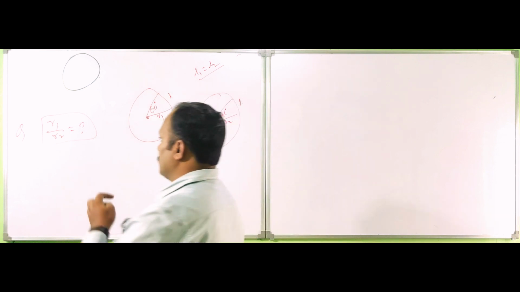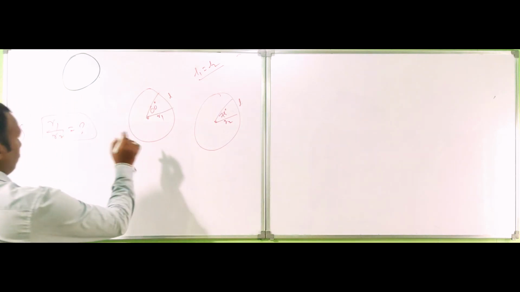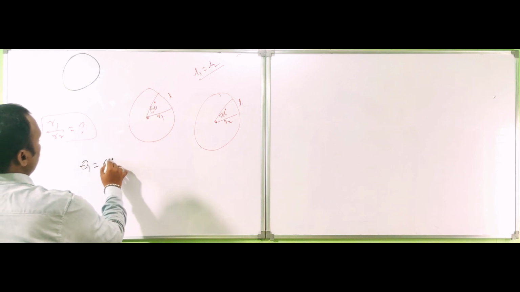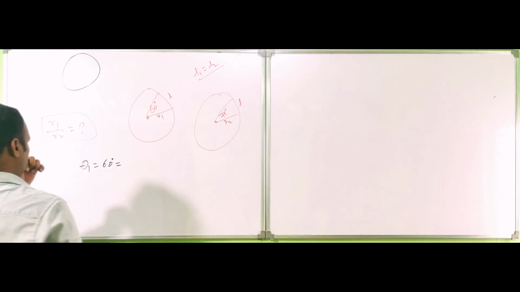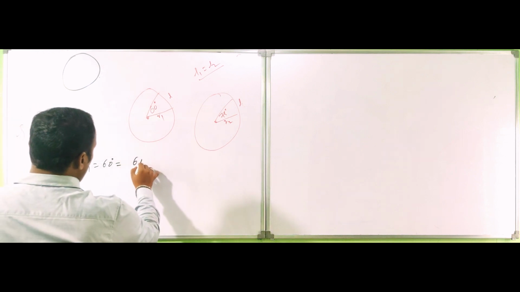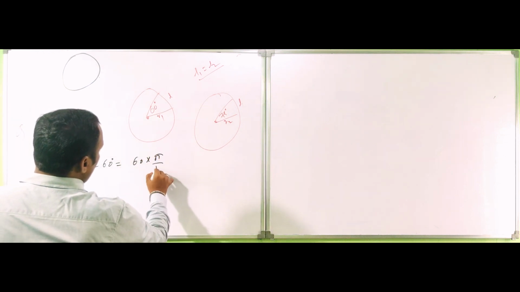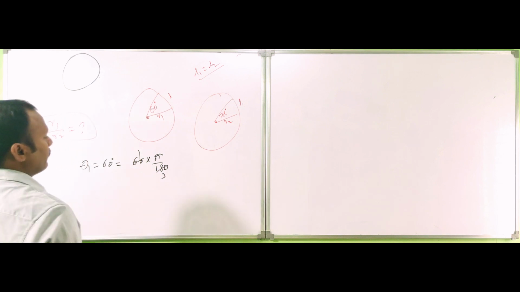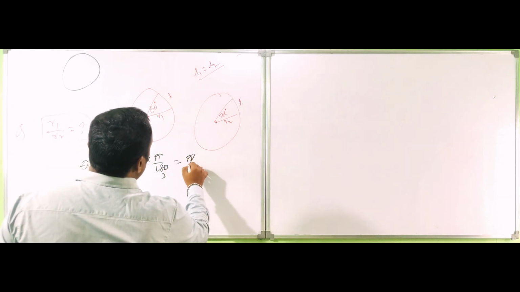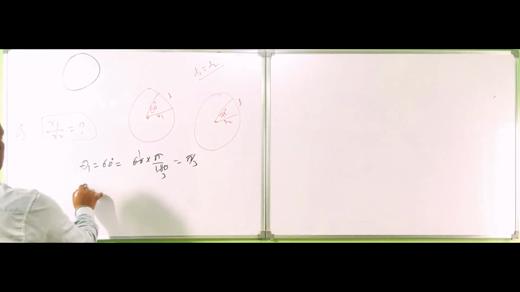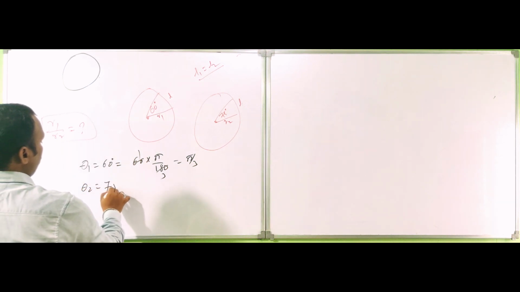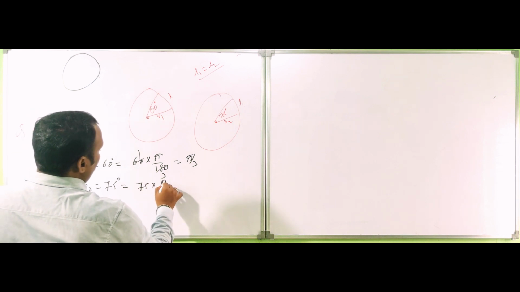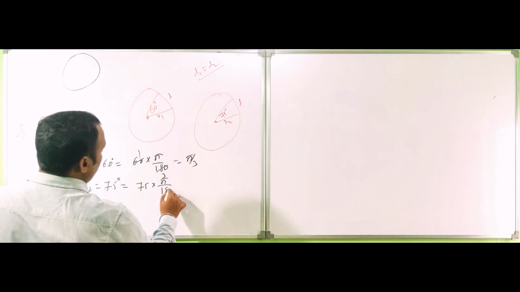Then what is the ratio of the radii? First, theta 1 is equal to 60 degrees, so this is 60 into pi by 180, and this becomes pi by 3. Theta 2 is equal to 75 degrees, which is 75 into pi by 180.